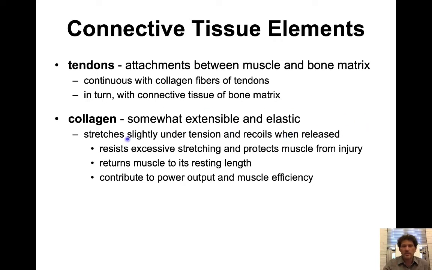It stretches a little bit under tension, and it kind of recoils when it's released, but it prevents overstretching, right? And that helps protect our muscles from ripping or getting hurt. It helps return that muscle back to its normal resting length, and it is important in our muscle efficiency and our output, okay? So our power output from that muscle.